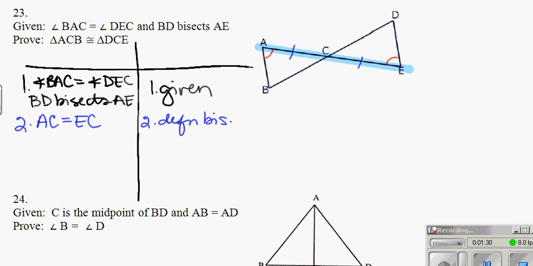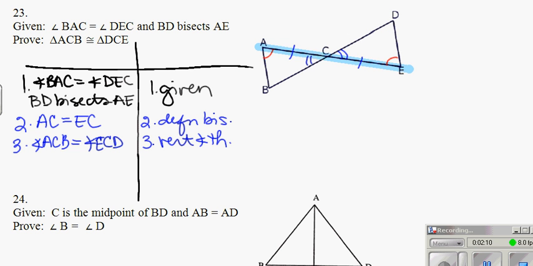So now I have an angle and a side. Of my theorems, I have angle, angle, side, and angle, side, angle. Well, I'm going to look for the other angle, either angle B and D or those vertical angles. Those vertical angles are going to come in handy. I can say this angle is equal to that angle. And so I have that angle ACB is equal to, watch the order, ECD by the vertical angle theorem.